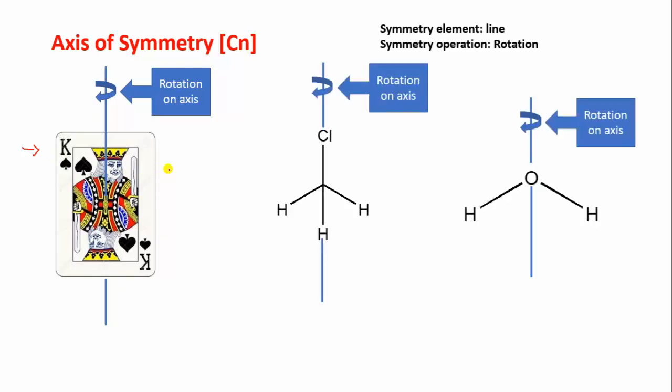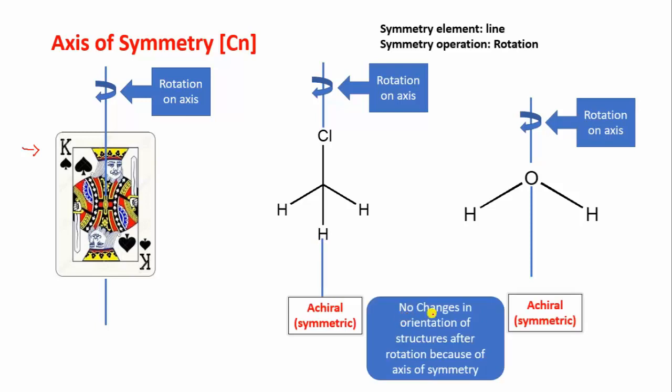By taking the example of CH3Cl and water, they rotate around their axis. There is no change in orientation of structures after rotation because of the axis of symmetry. So both compounds are achiral, meaning symmetric.